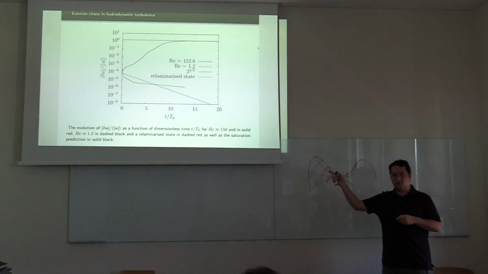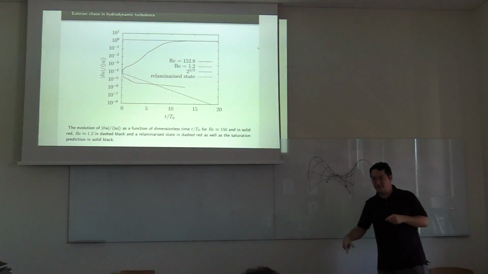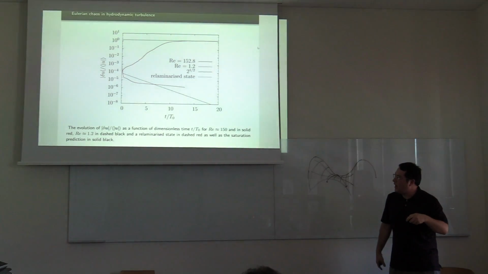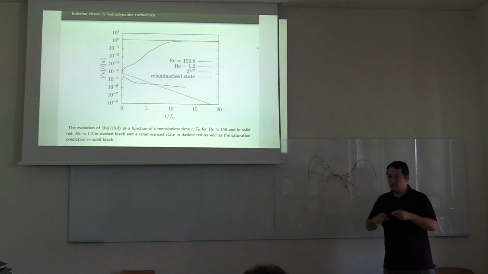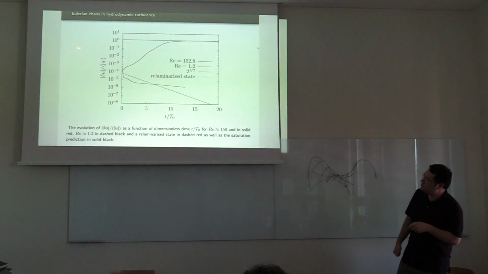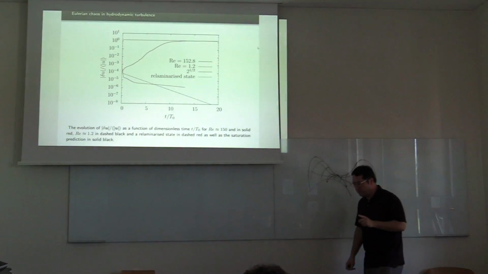When I talked about the mental picture, we have these relaminarizations that occur, and these are actually linearly stable. These relaminar states are qualitatively different from the low Reynolds number situation. And we also have high enough Reynolds number with this exponential divergence of the 2 fields, which is basically the hallmark of chaos. The 2 systems diverge exponentially.